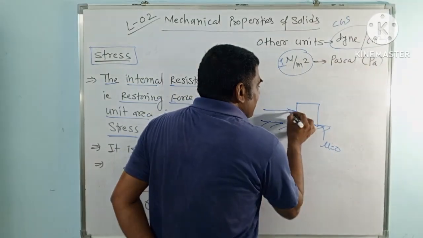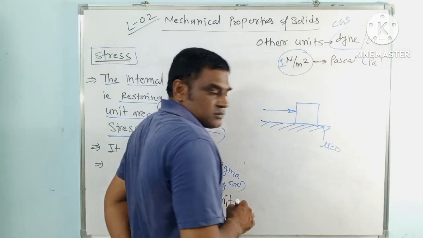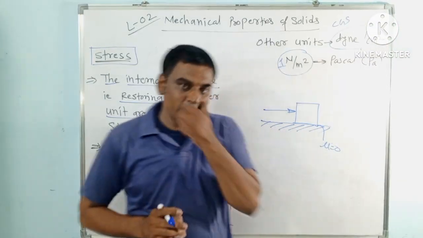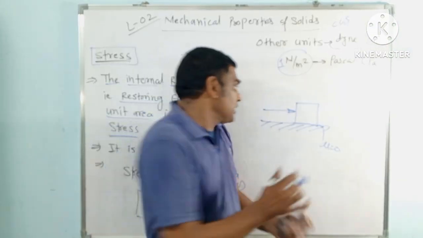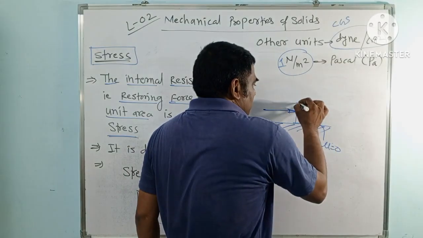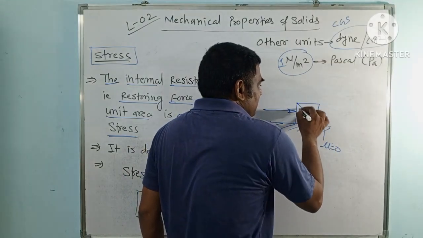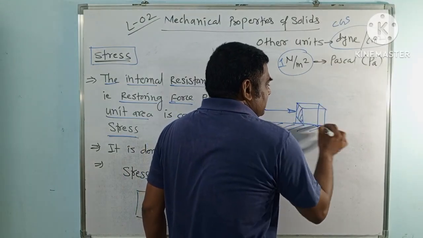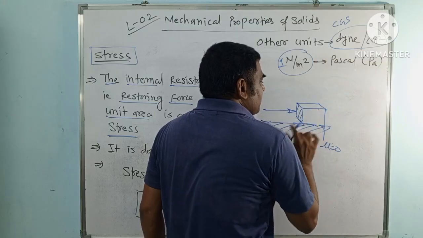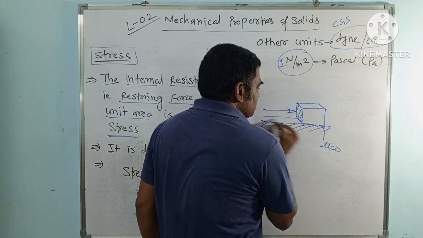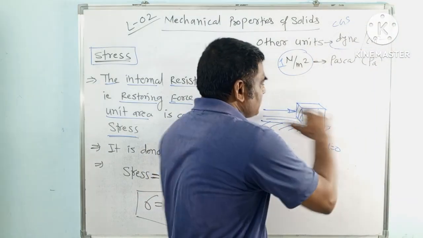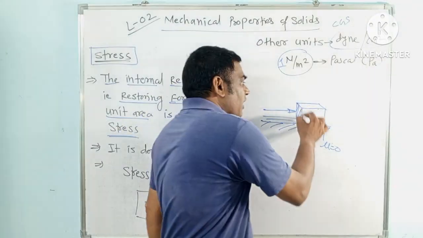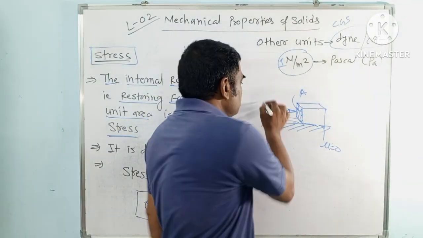And I am applying this force. Force is applied on the body. Suppose the cross-sectional area is A. This is the area. This body is kept on the table. The value of the area we know, and this force we know.